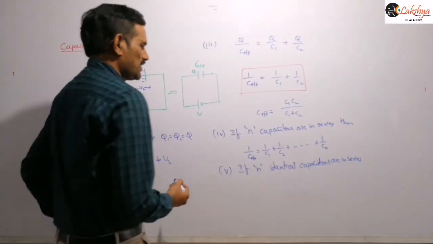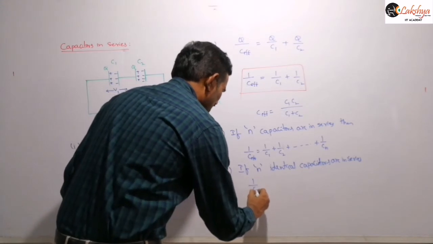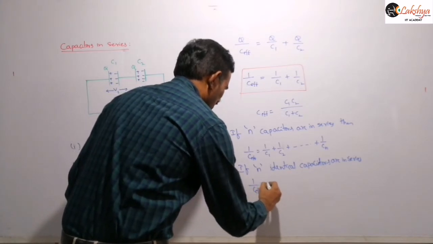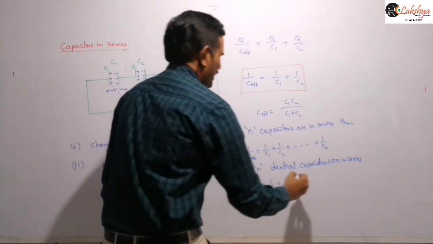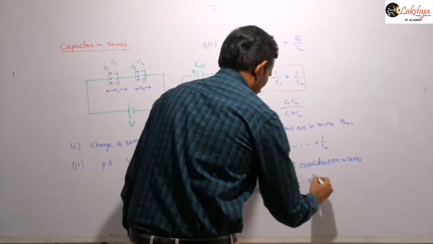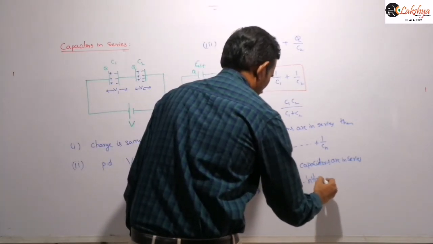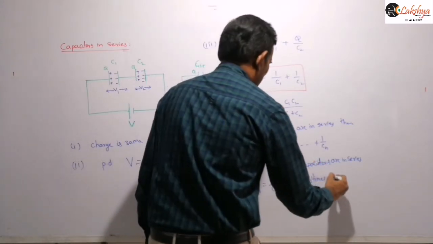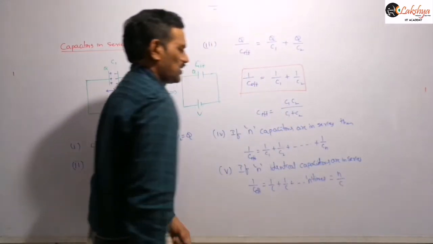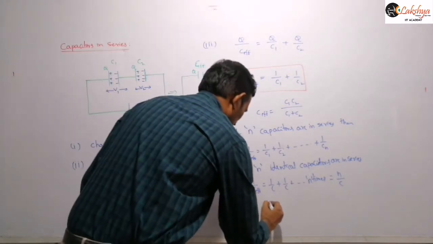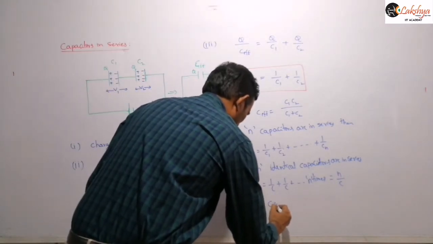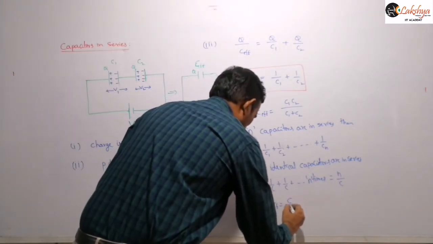Then 1 by C effective is equal to 1 by C plus 1 by C plus and so on, n times, which is n by C. Therefore C effective is equal to C by n.